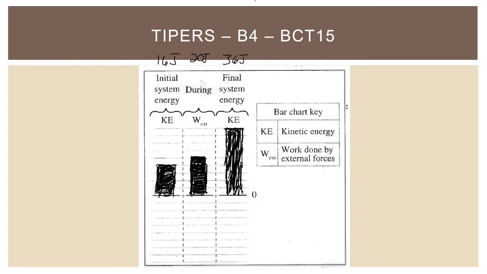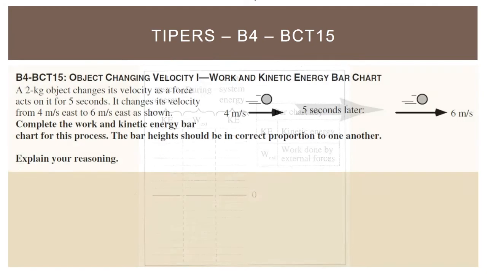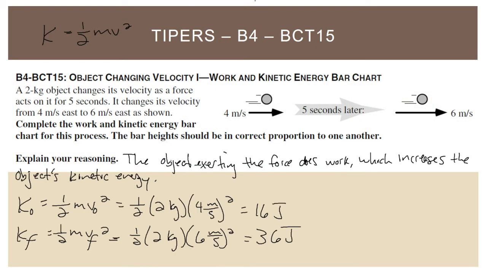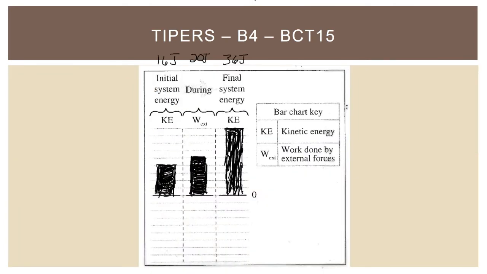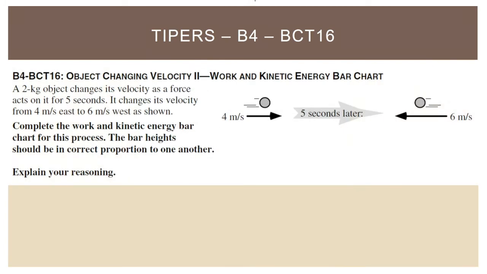Of course, there are some interesting concepts which can be revealed in some of these energy bar chart problems. So I'd like you to take a look at this next example. The question we want to ask here is, what is the difference between the problem that we just did, B4 BCT 15, and this problem, B4 BCT 16?